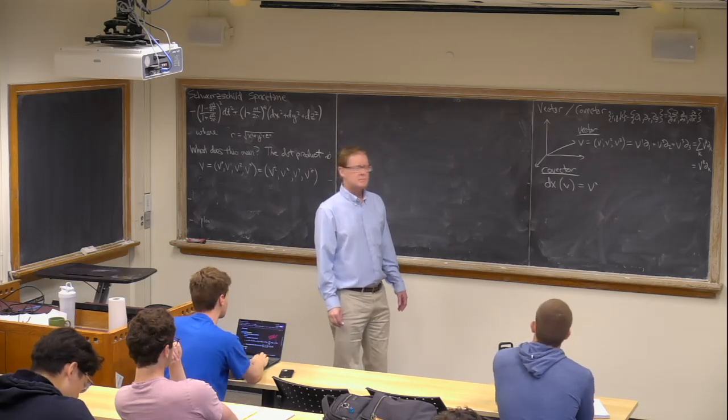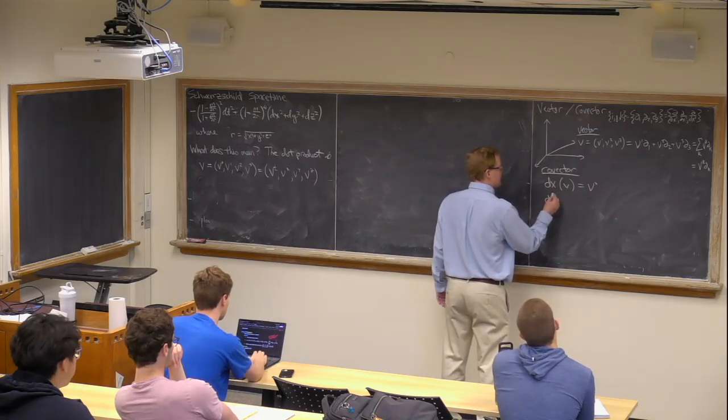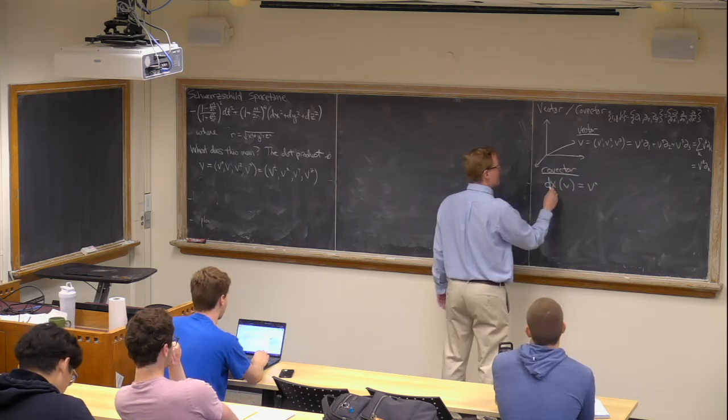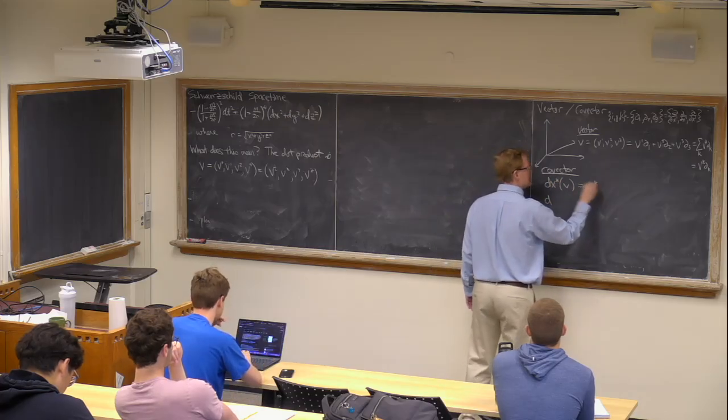Definition, okay? More generally, how about we number them? So dx_k would just give you v_k. Is that maybe better?